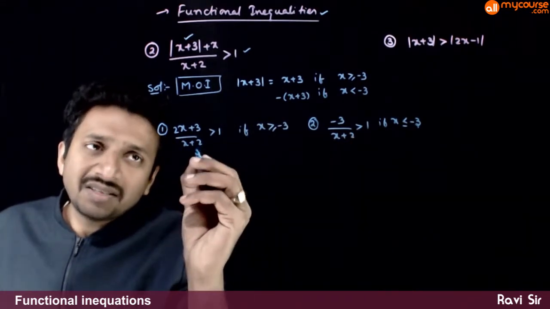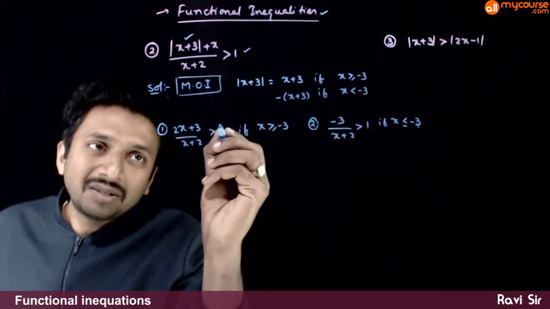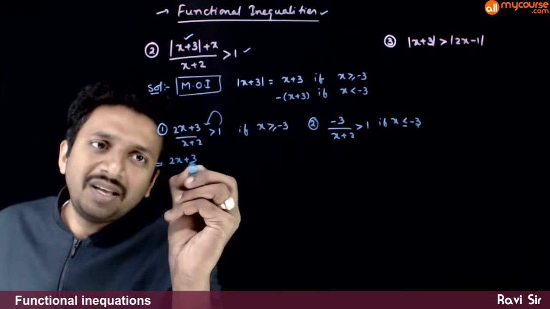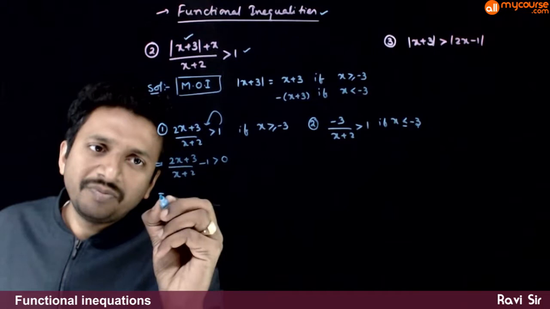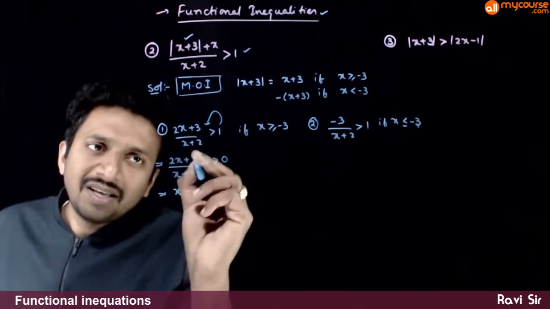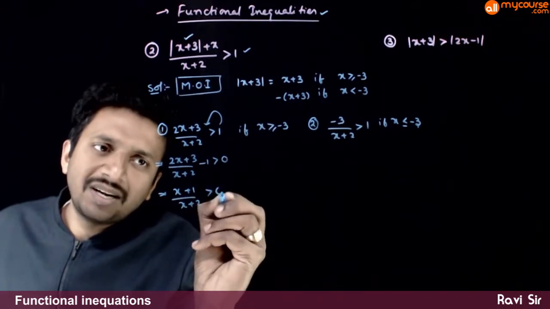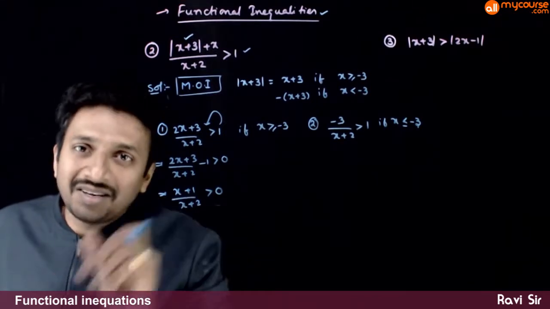So let us take this case. This becomes a rational linear inequality. So I'll bring this one onto this side. So 2x plus 3 by x plus 2 minus 1 is greater than 0. This implies, if you take LCM, 2x minus x is x, 3 minus 2 is 1, by x plus 2 is greater than 0. Now this is a rational inequality.